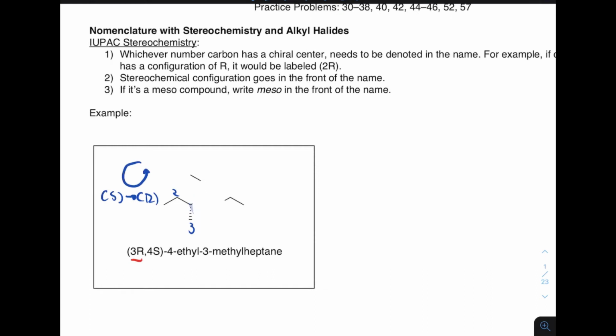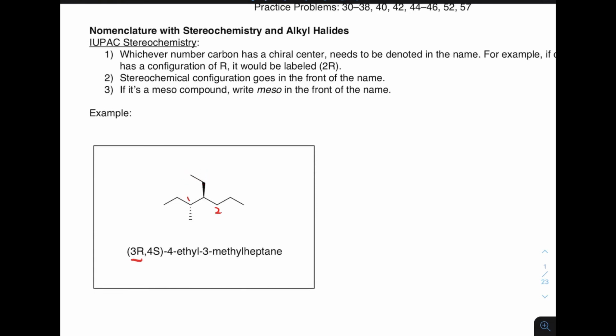I'm going to erase the priorities again to make sure we have enough room. Our highest priority here would be this carbon, because coming off of it it is bonded to 2 carbons and 1 hydrogen. And this is number 2, because going out from here we see that we have a carbon bonded to 1 carbon and 2 hydrogens. But looking at this carbon here, if we go out, then we only have a methyl group.